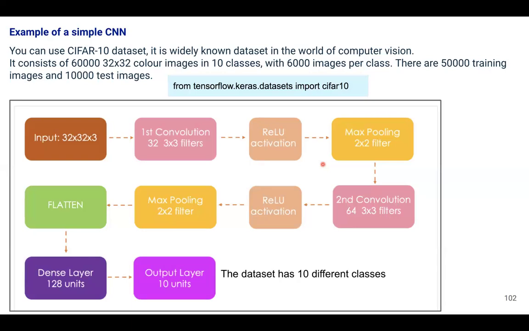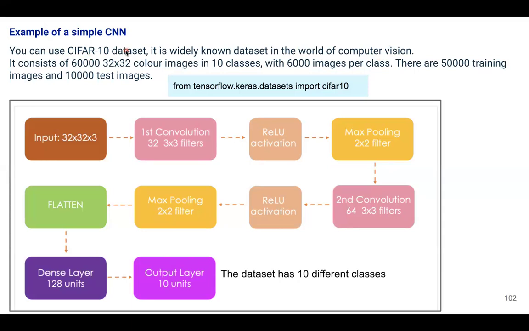So this is a simple example of CNN. If you want to just try it out quickly in a problem that is, let's say, not a high energy physics problem, but you just want to try CNN out quickly using some dataset that is available, then the CIFAR10 dataset is a good one.